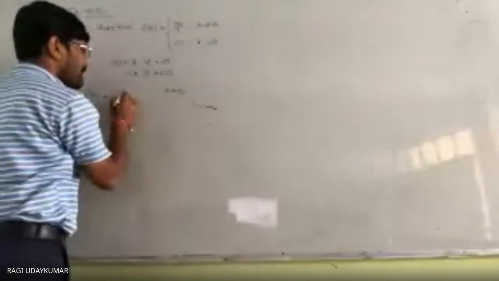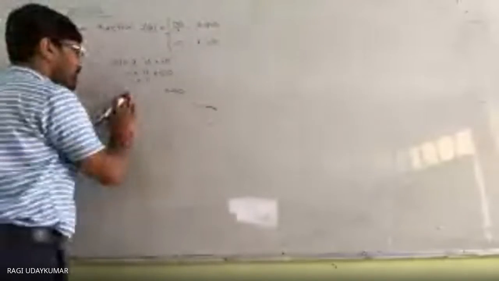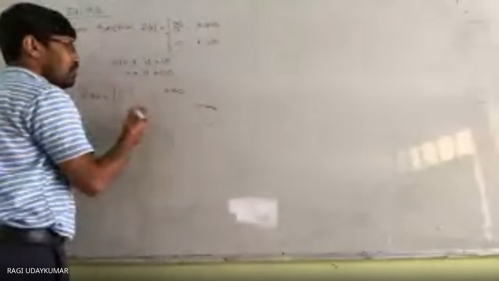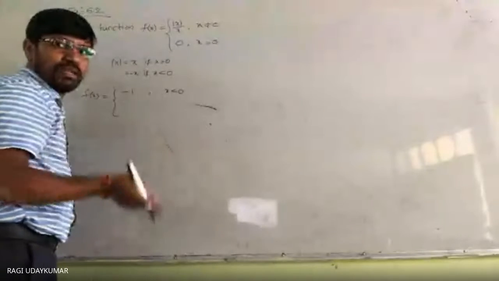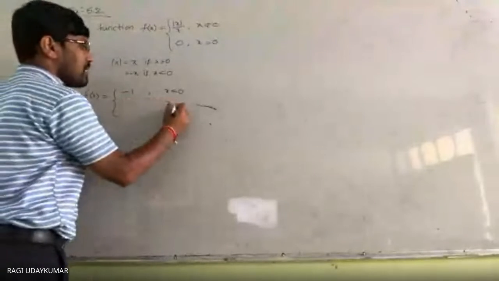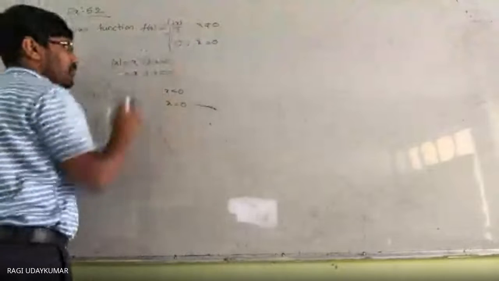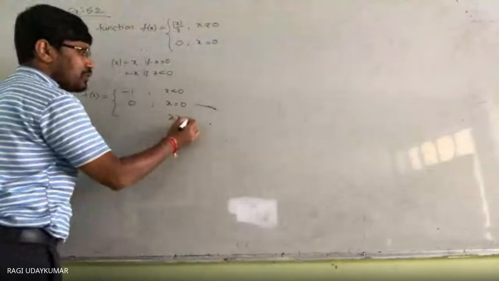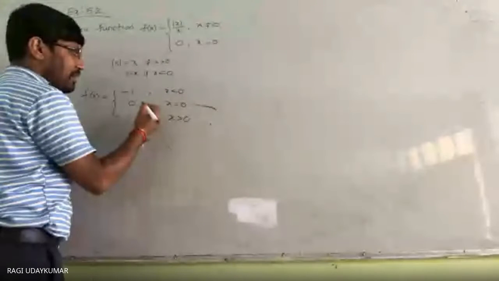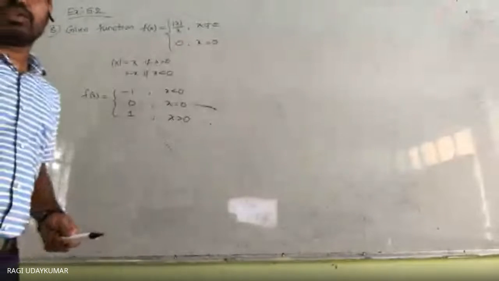So minus x by x, we are going to get it as minus 1. So x less than 0 means it is minus 1. x equal to 0 means already it is given 0. If x is greater than 0, the function will become 1, because in place of mod x we substitute x. So we are going to get 1 in this situation.